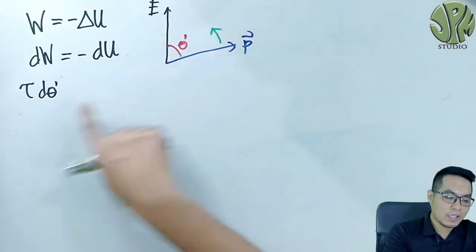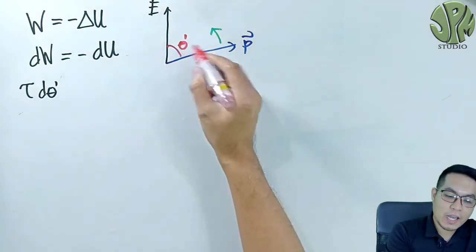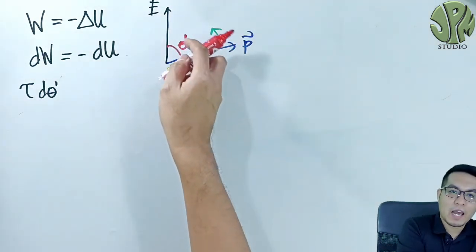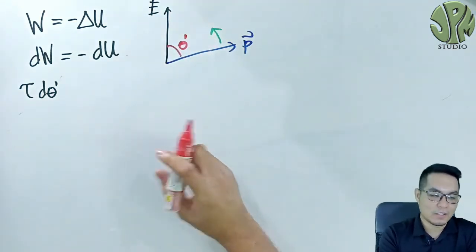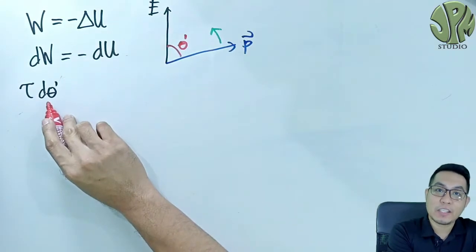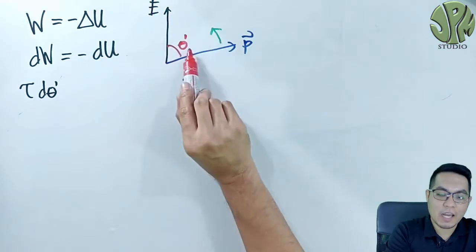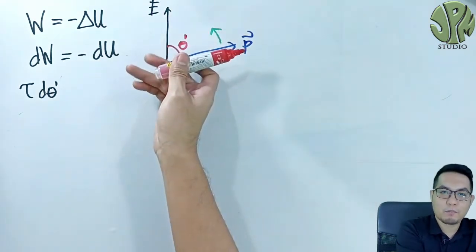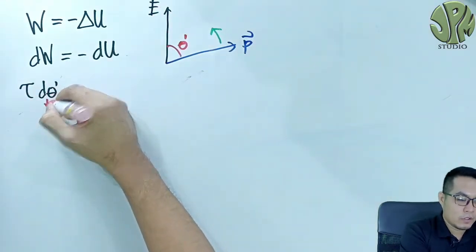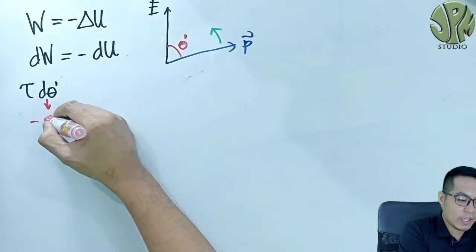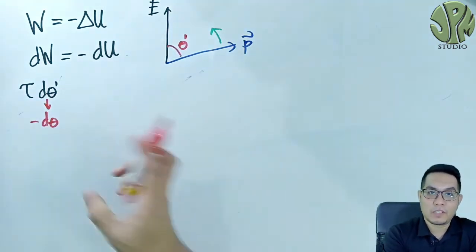In this case, d theta prime is negative because this angle is decreasing. As P aligns with E, this theta prime angle will decrease. So the change in theta prime is negative because it's decreasing. So we can use negative d theta, where theta here is our standard angle, which is increasing.